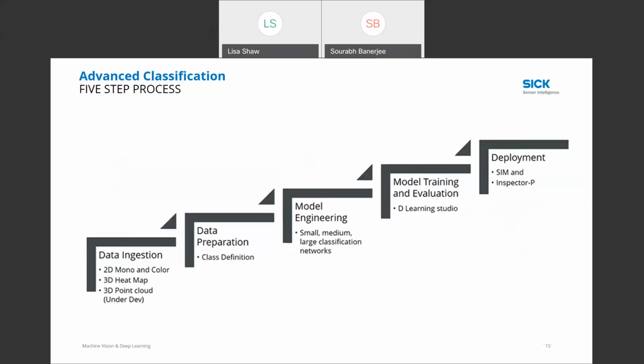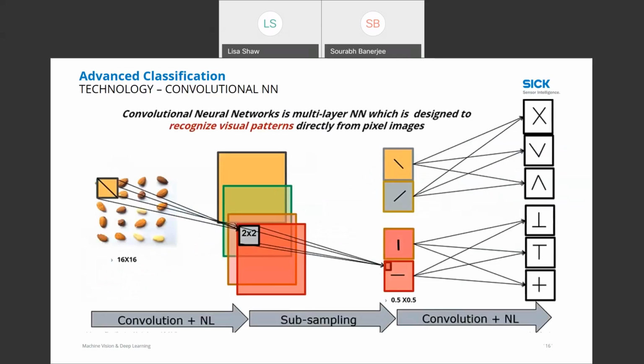And once that is done, we then deploy this. This can be deployed using our edge device, which is a SIM, a sensor integration machine, but we're also preparing to have this directly loaded onto a camera, which will be our Inspector P camera as well.